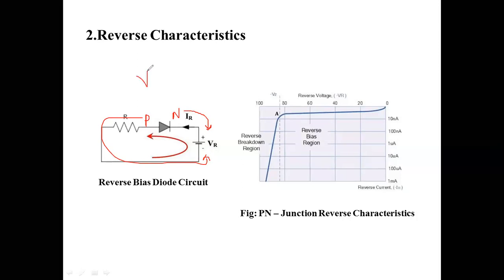Therefore, we have exactly reversed the condition of the voltage and current. V and I are flowing in the opposite direction compared to the forward bias case. Therefore it is taken negative. VR is the reverse voltage, IR is the reverse current. Both are flowing in the opposite direction compared to the forward bias case, therefore both are considered negative. If both V and I are negative, which quadrant is it?